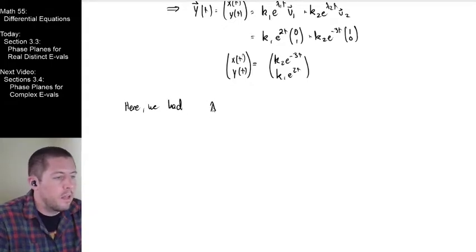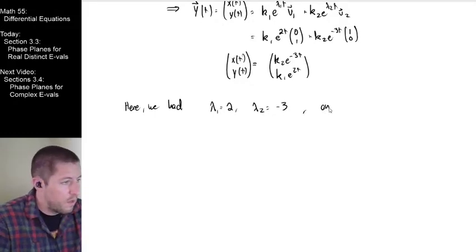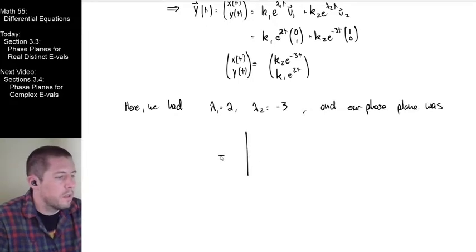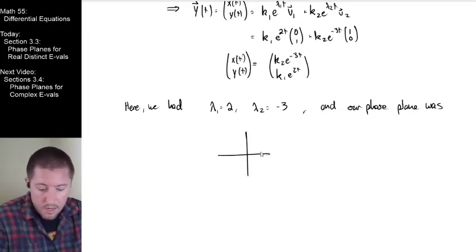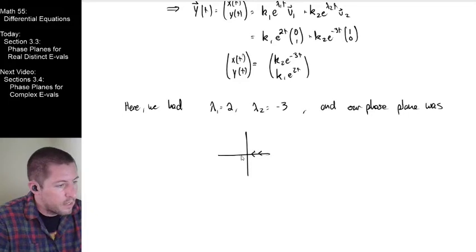We had lambda 1 was 2, lambda 2 was negative 3, and our phase plane had a sink on the x-axis and a source on the y-axis, and our solution is doing some swooping over in our quadrants out here.